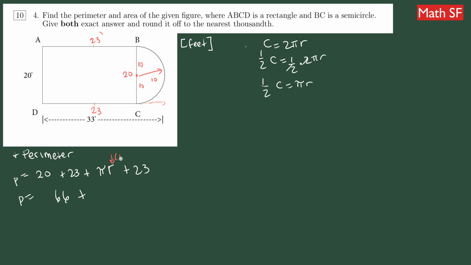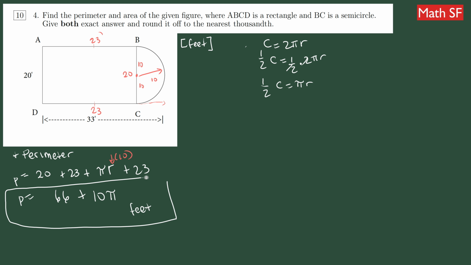This one here was 10. So I'm going to have 10 pi. What units are we talking about? Feet. So the perimeter should be 66 plus 10 pi feet.